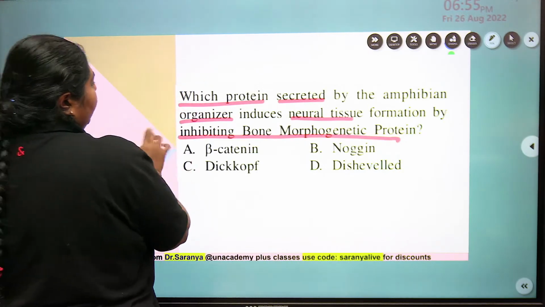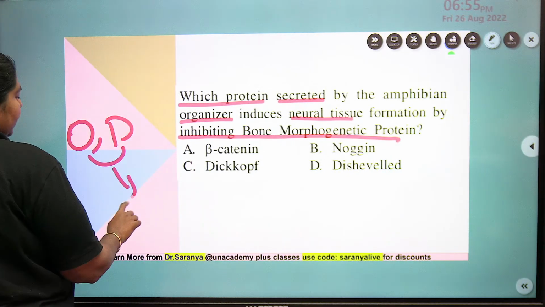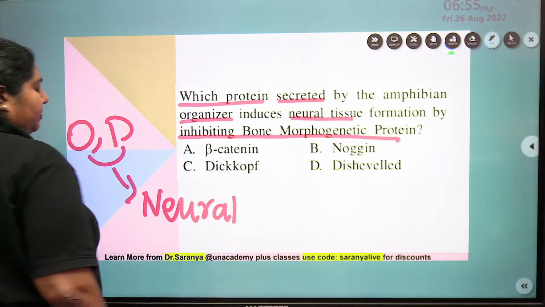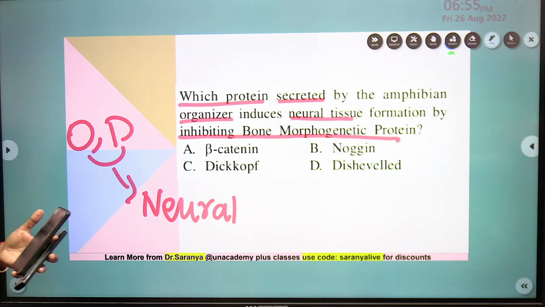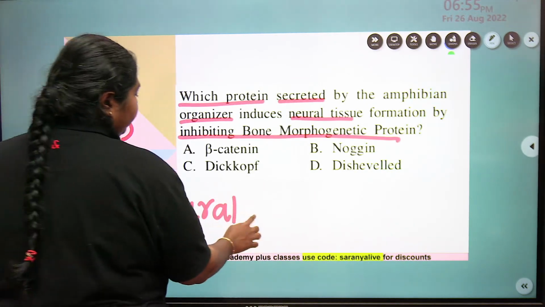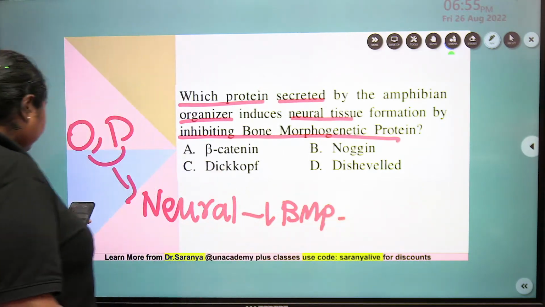I told you, your organizer, the dorsal, is going to induce only your neural fate, and it is going to inhibit your BMP. Why? BMP is for your epidermis.